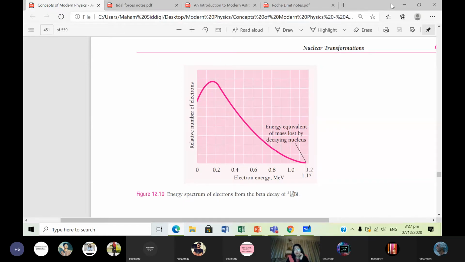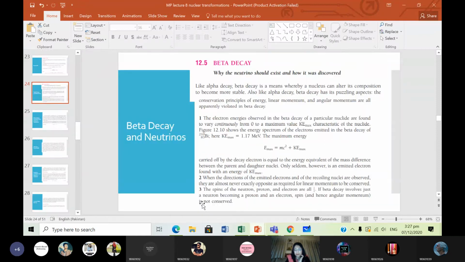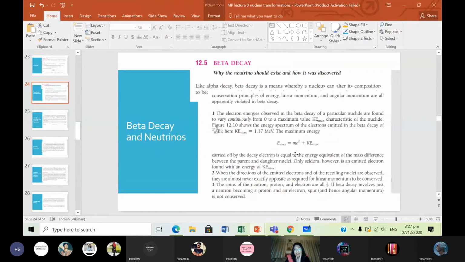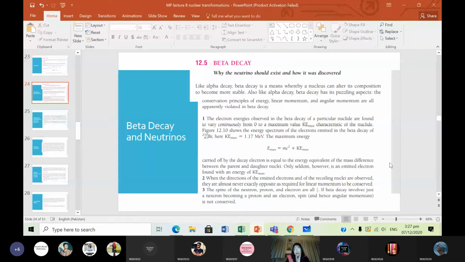So why is this important to us? The maximum energy is given by E max equals mc squared plus kinetic energy max, because energy includes rest energy plus kinetic energy.